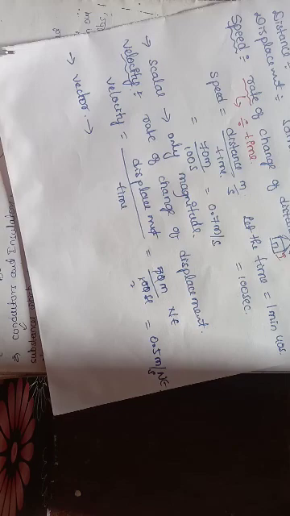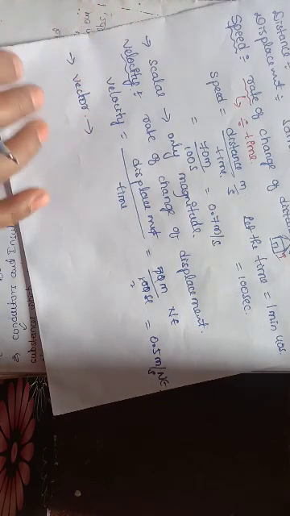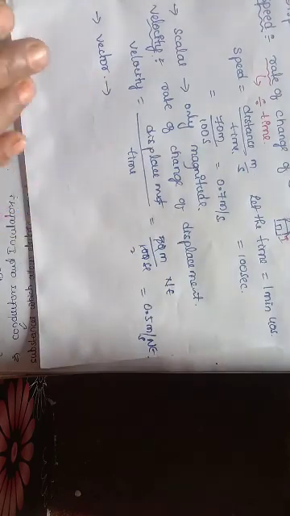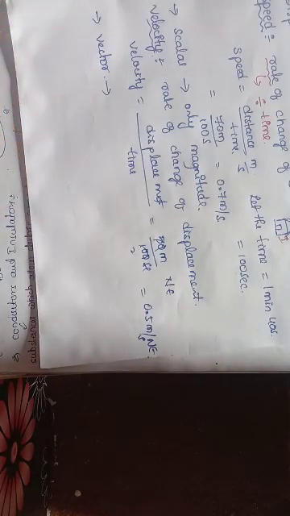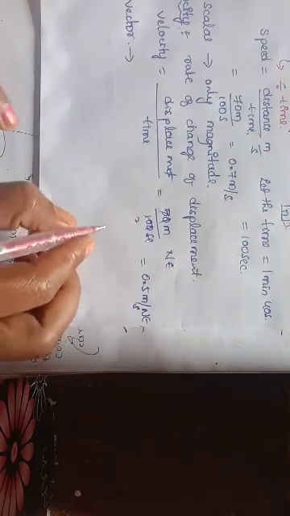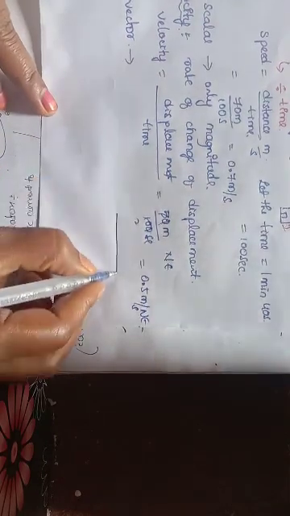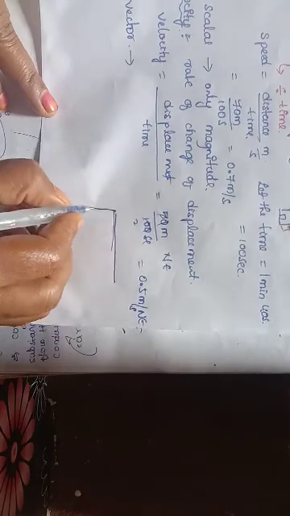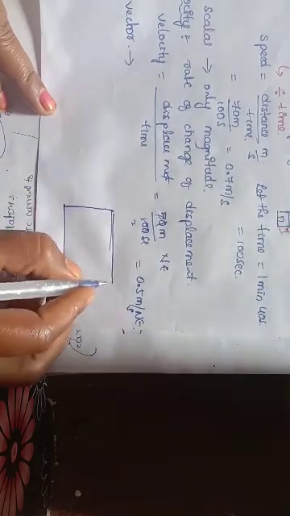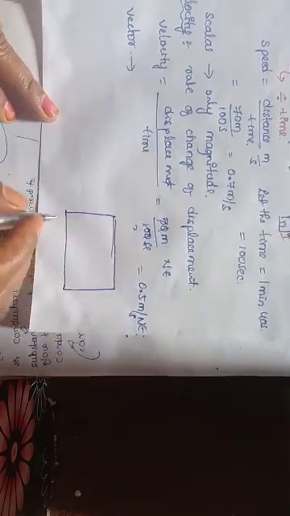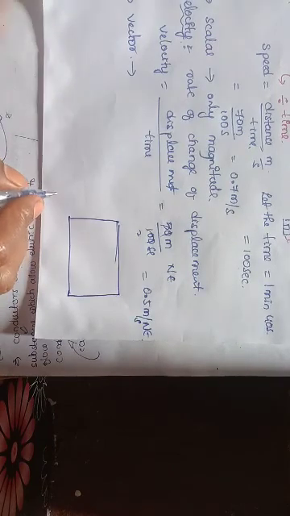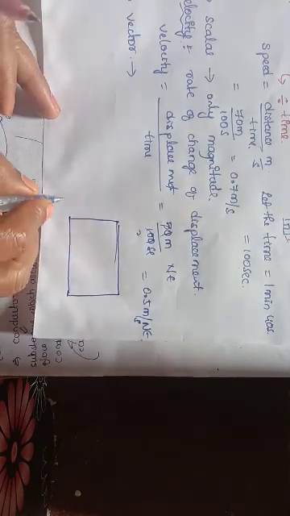Let us consider you are coming back to your home. In that case, what is the distance and what is the displacement? Let us find. You have to get full clarity about distance, displacement, velocity and speed.